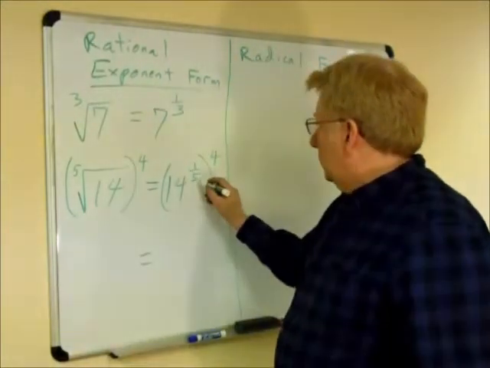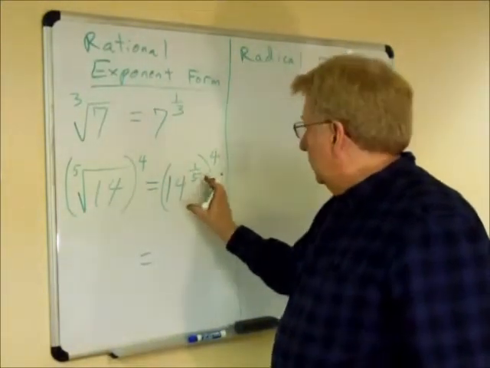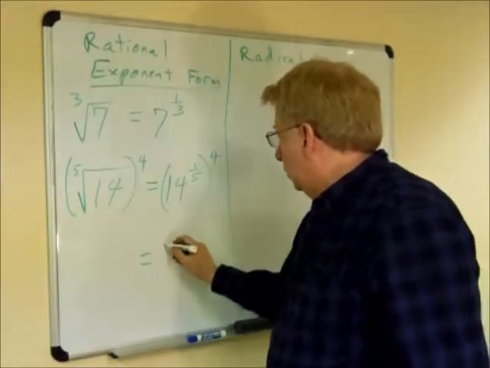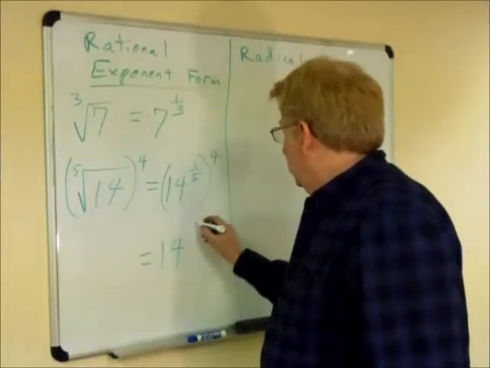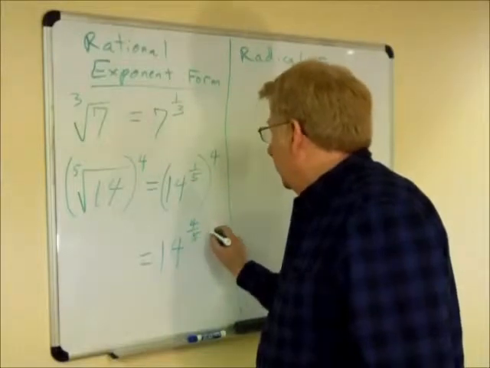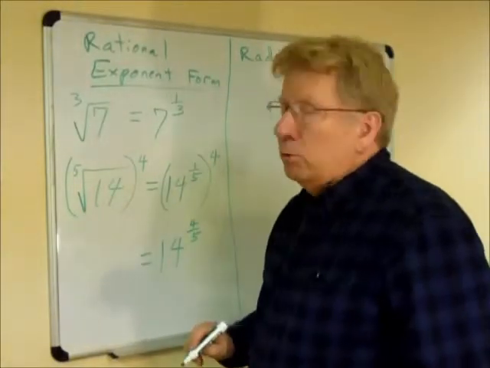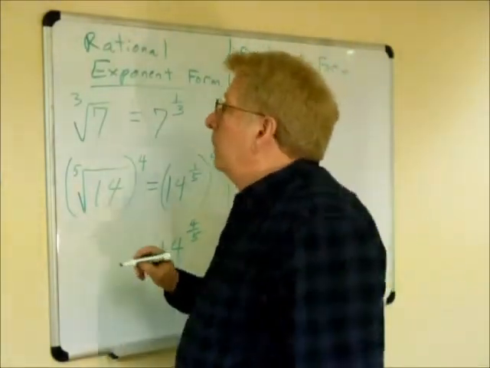And we can take 4 times the exponent when we take a number with an exponent to the 4th. So we have 14 to the 4/5. That would be another rational exponent form.